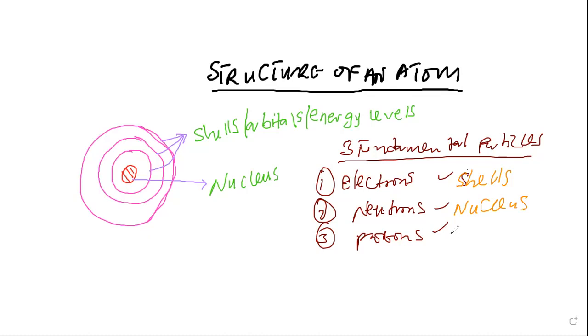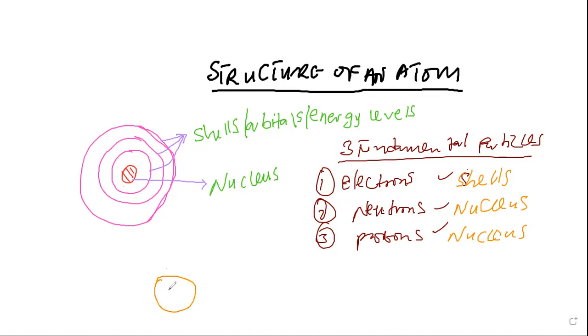Then the protons are found in the nucleus. All right. So we are going to draw another diagram to show that these three fundamental particles are found in a specific place in the structure of an atom. So let's have that.